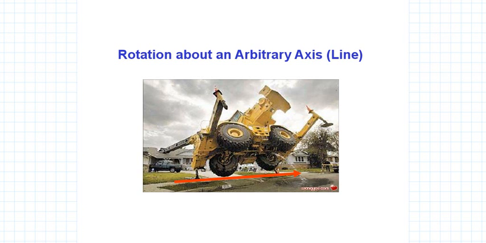So in 2D, if you can recall, rotation used to take place with respect to the origin or some arbitrary point. So if you had to rotate something with respect to this arbitrary point P, what you had to do?